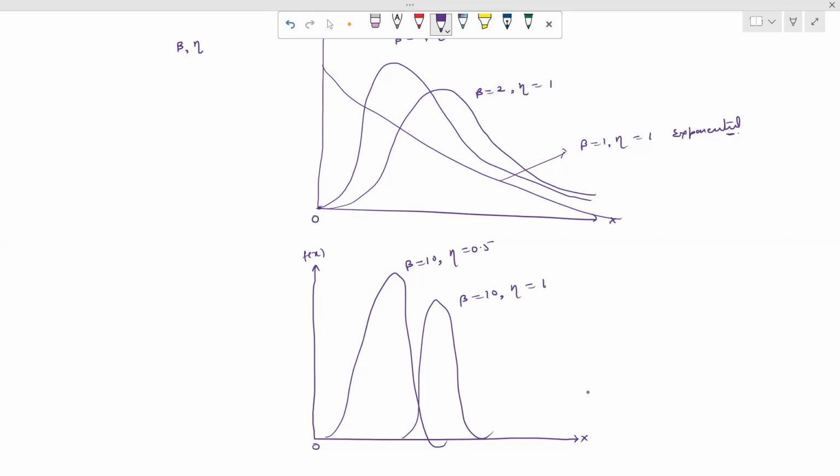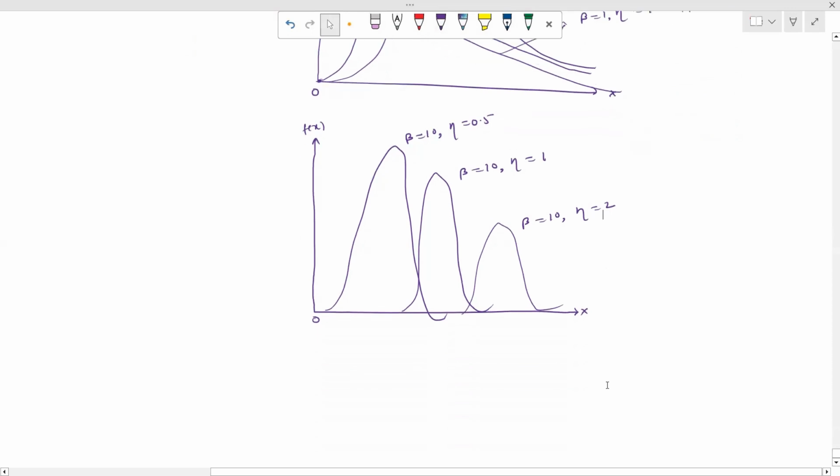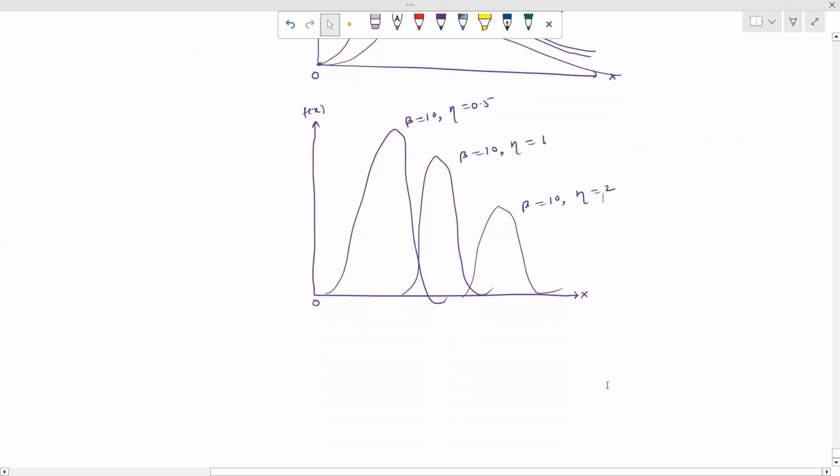And the third one, beta is constant at 10, but eta equal to 2. So on the basis of parameters, we have distinct graphs when we increase the value of eta and take a constant value of beta.